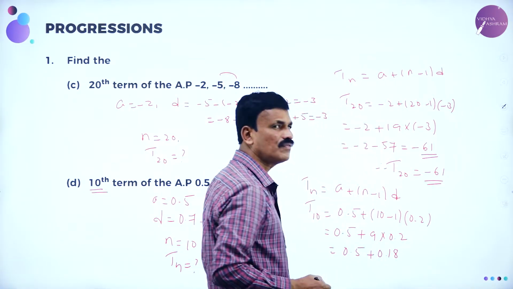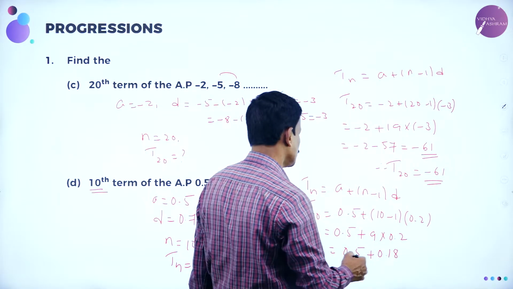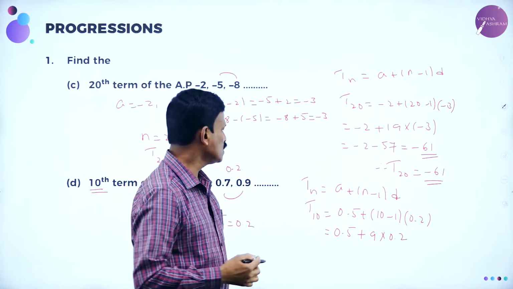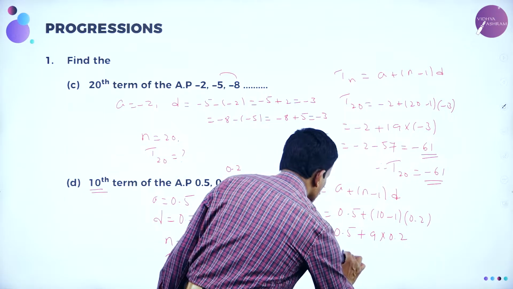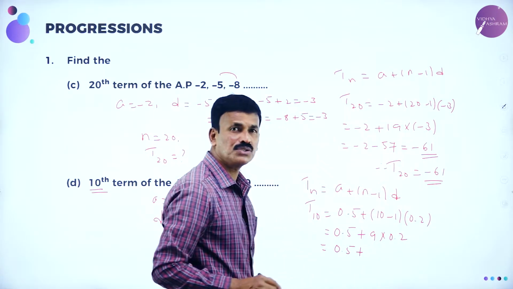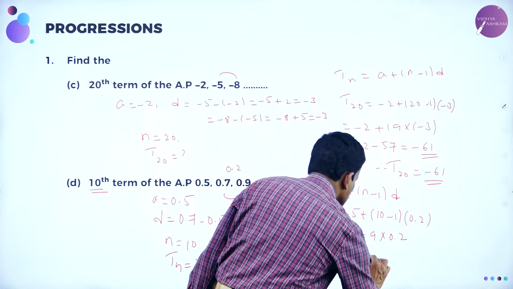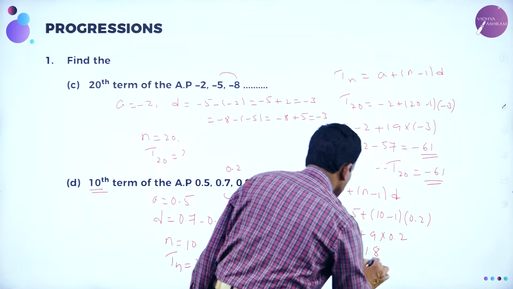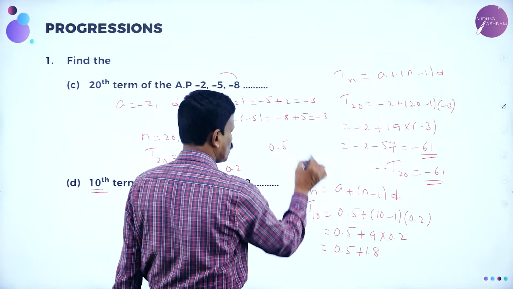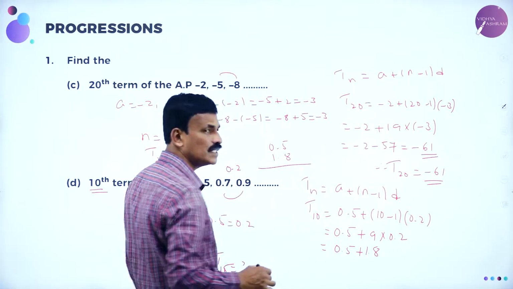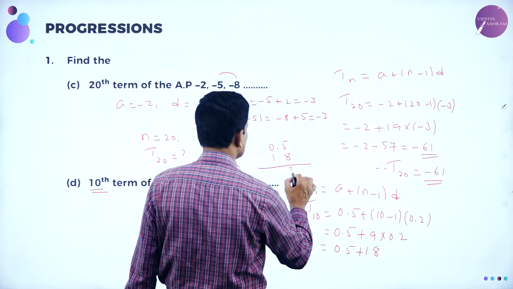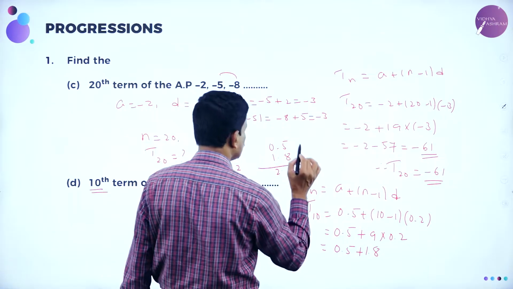So add this. If you add, what is the answer you are going to get? Now 0.5 plus 9 into 0.2. Multiply this: 9 2s are 18, this is equal to 1.8. So add this. What is the answer? 0.5 plus 1.8, that's equal to 2.3.